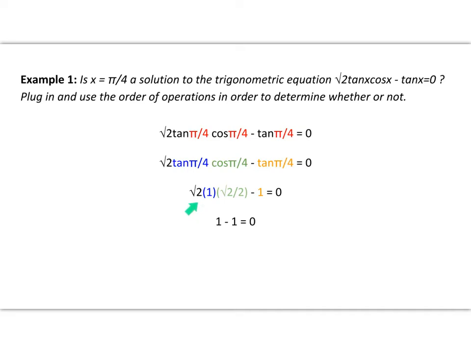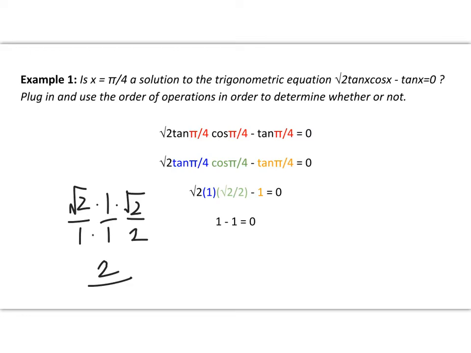So when I take the square root of 2 times 1 times the square root of 2 over 2, that all simplifies to 1, right? So I've got root 2 times 1 times root 2 over 2. And if I think about all of these as having denominators, multiplying square root of 2 times 1 times square root of 2 just gives me 2 in the numerator.